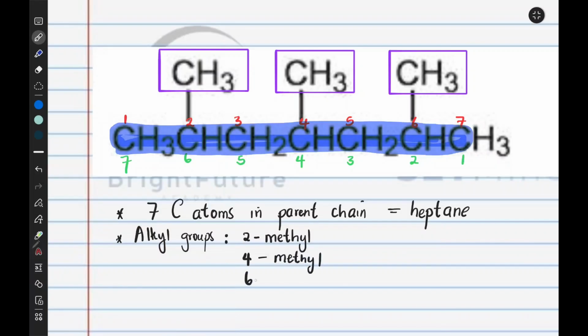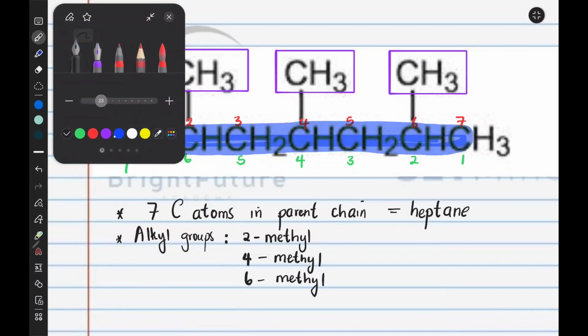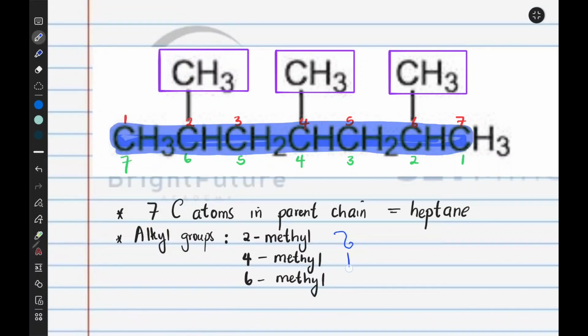I have 6 methyl again. Remember what we said. If an alkyl group repeats and it's the same one, we must start using the Greek prefixes. We need a Greek prefix, tri, because there's 3 of them.